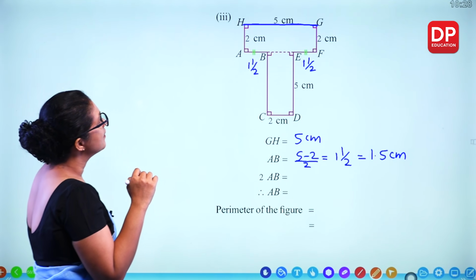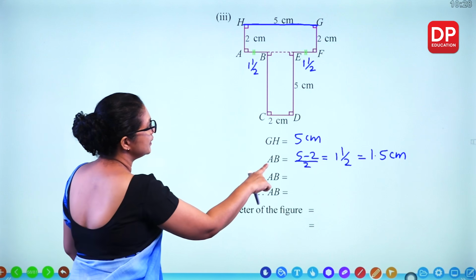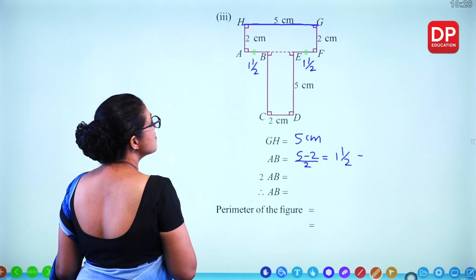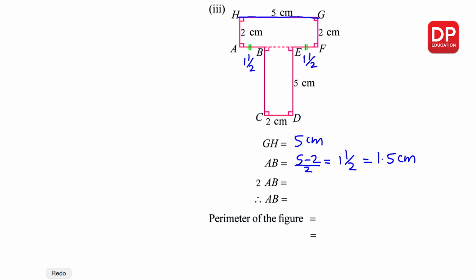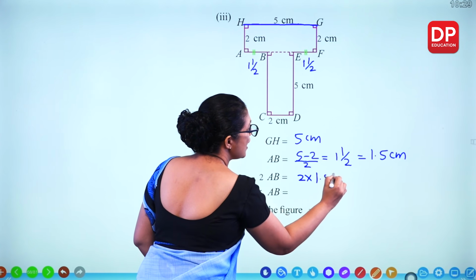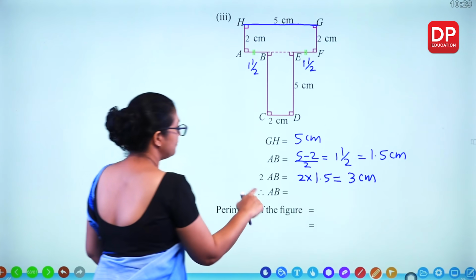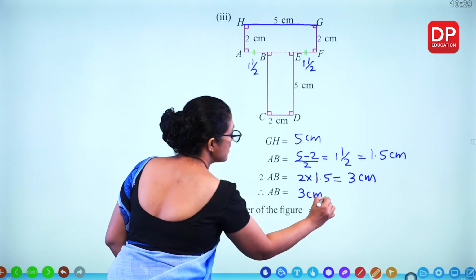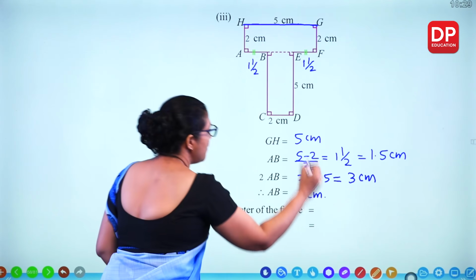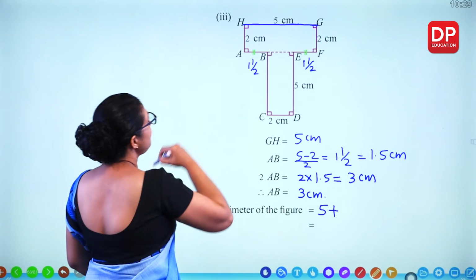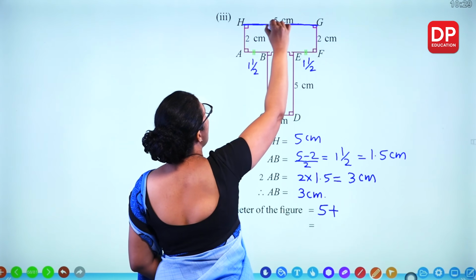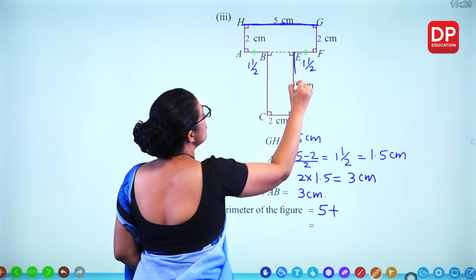2 times AB is, now 2 times AB. AB is 1.5. Multiplied by 2, you get 3 centimeters. So this is 3 centimeters. So what's the perimeter? 5. Here we'll see how many 5s are there. 1, 2, 3.